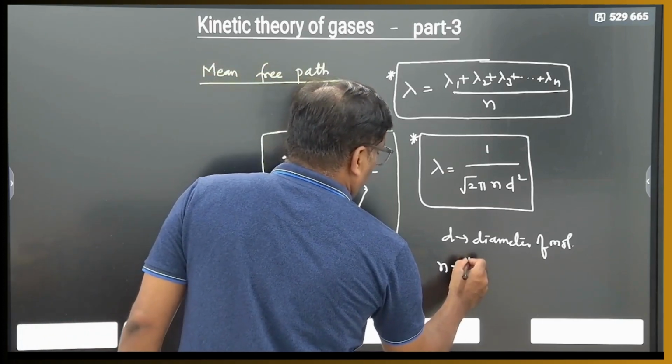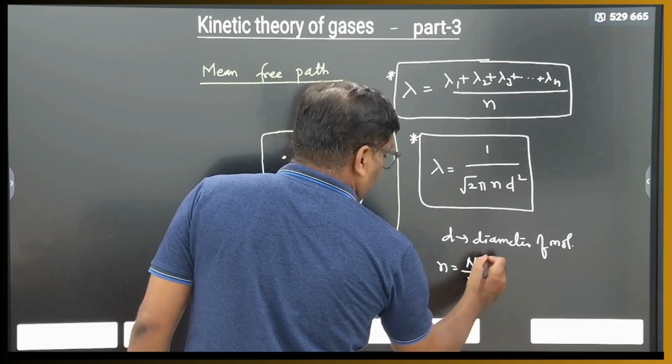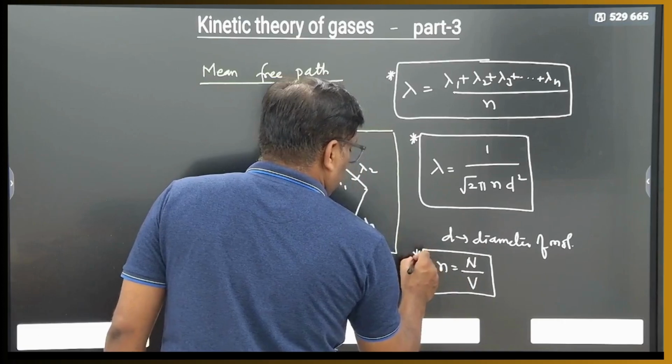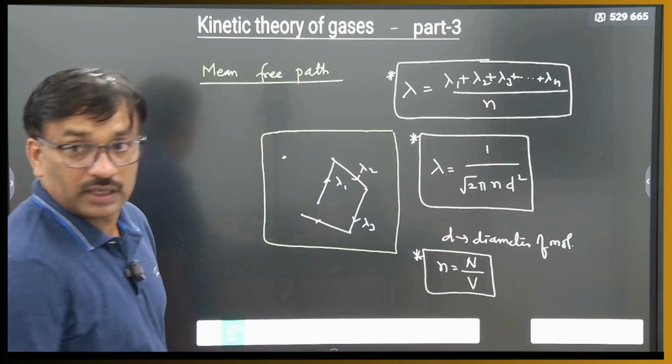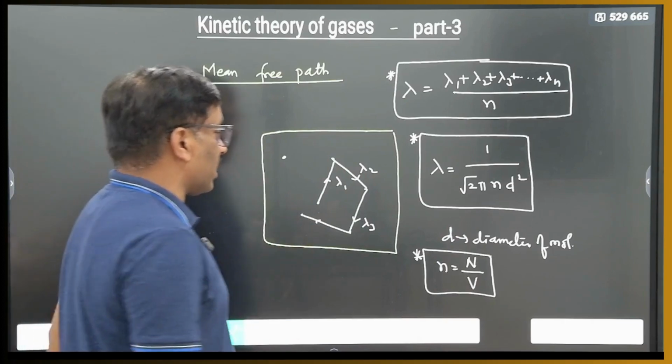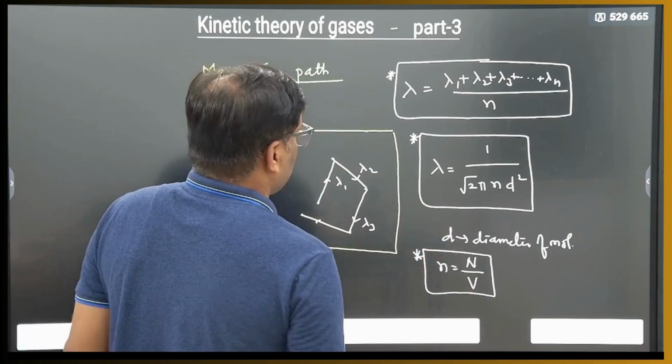Clear? n is the number of molecules per unit volume.